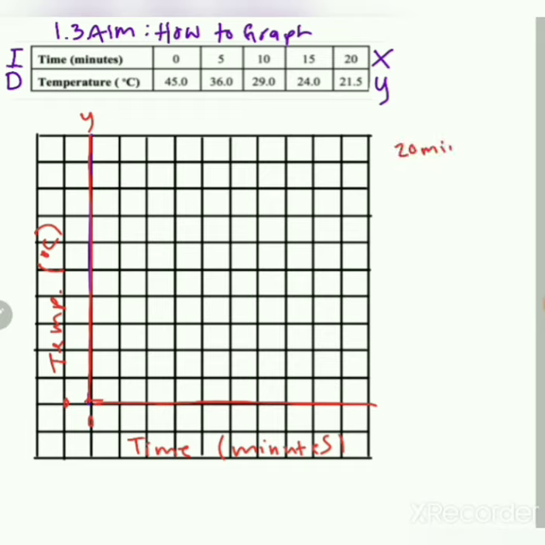That's how many minutes we need to show. 20 minutes over 10 lines. And what that's going to tell us is that there will be 2 minutes for every one line, which means each of these lines is going to be 2 minutes, 4, 6, 8, 10, 12, 14, 16, 18, and 20 minutes, all accounted for on the line.